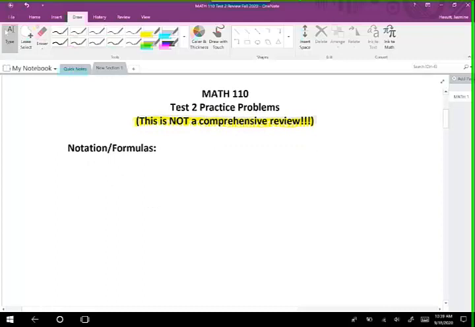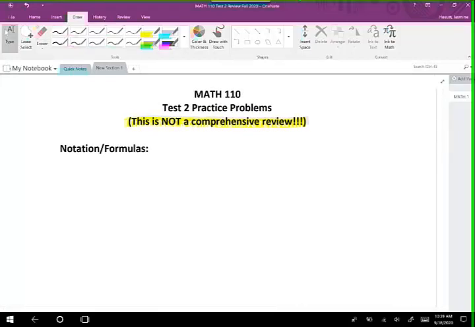And so first, let me start with putting together a kind of formula sheet that you can use to study. The topic for this test was logic. We started by learning all of the different symbols in logic.